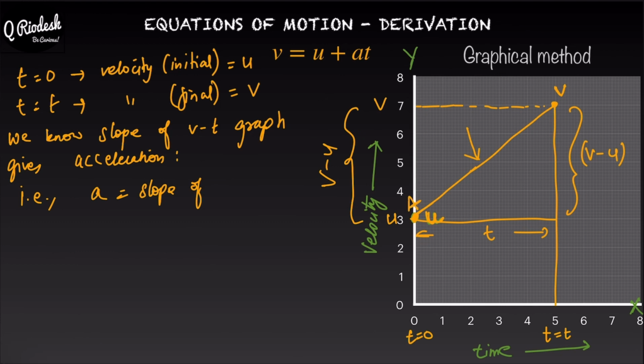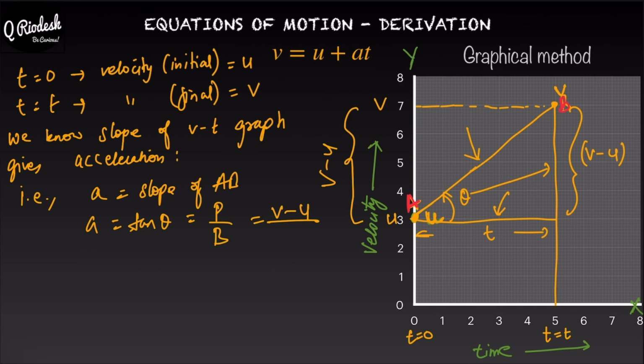Suppose this is A and this is B, so the slope of AB. We know the slope is equal to perpendicular by base, or sometimes they use tan theta, where this angle is theta. Here the perpendicular is v minus u, and the base is t.